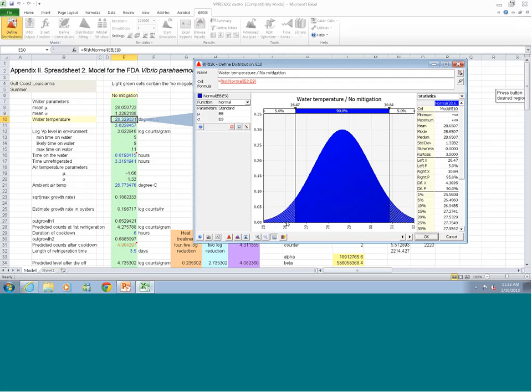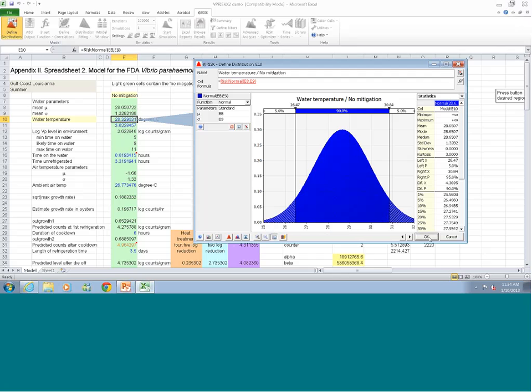And every once in a while, I would have values of 26 or 25, on those days when the water was unusually cold, or days when the water's unusually hot. But those values are going to be unusual. So think of these probability distributions as pictures of what we expect or believe to be true.